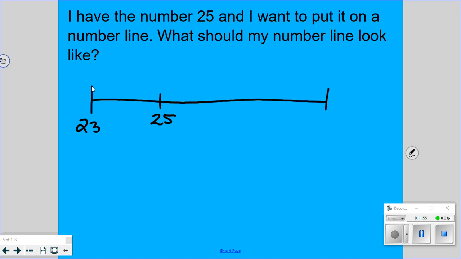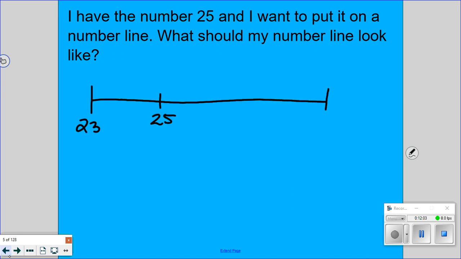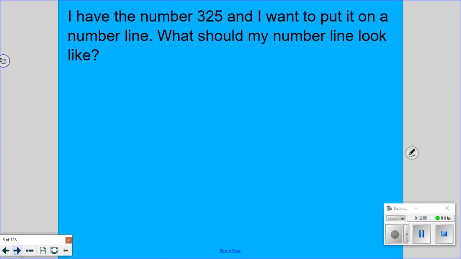Draw another number line. Pink line to pink line. This time, I'm going to put the number 325 on the number line. But I'm going to give you some numbers.